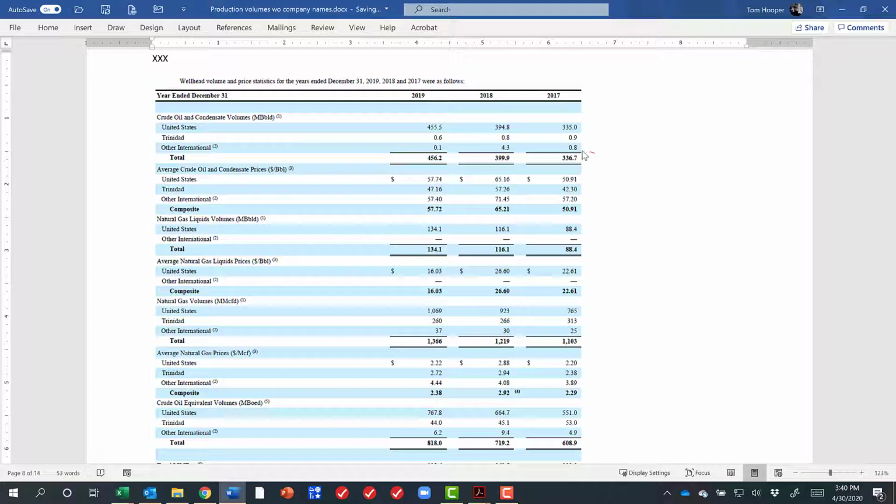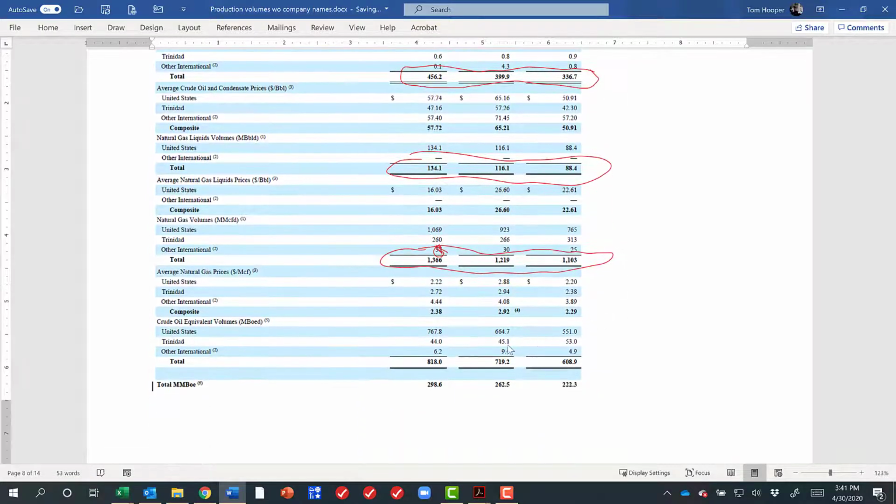They gave us total oil volumes by year, and these are in barrels per day. They also calculated a revenue while they were at it, and then natural gas liquids volumes, and then natural gas volumes. And a total, so we could check our math.